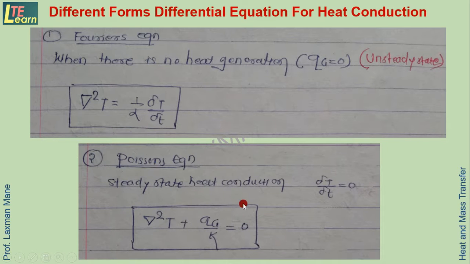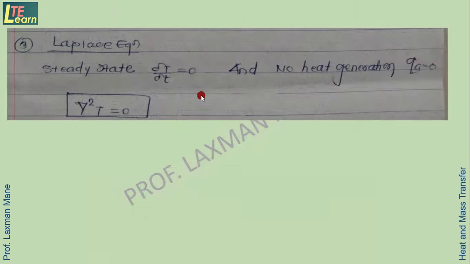In case of steady state heat conduction, this term is 0, and the reduced equation is called the Poisson equation. For steady state with no heat generation, the equation reduces to this, that is called the Laplace equation.